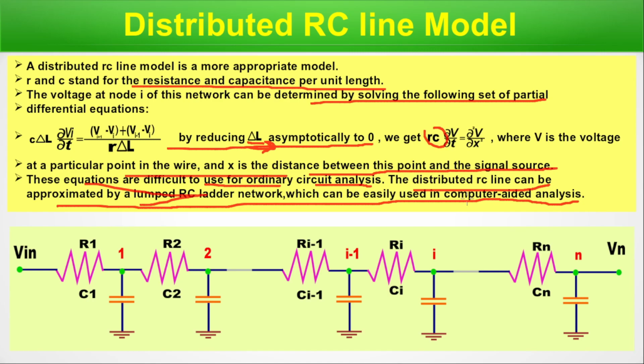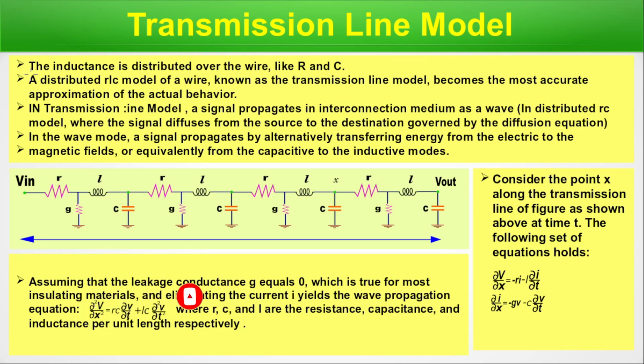Let's move to the next slide. Now the transmission line model. Inductance is also there. The inductance is distributed over the wire like R and C. A distributed RLC model of a wire, known as the transmission line model, becomes the most accurate approximation of the actual behavior. In the transmission line model, a signal propagates in the interconnection medium as a wave.